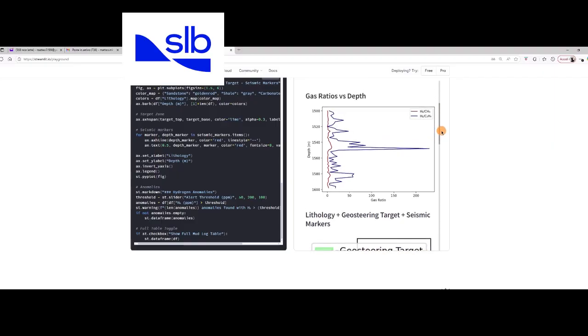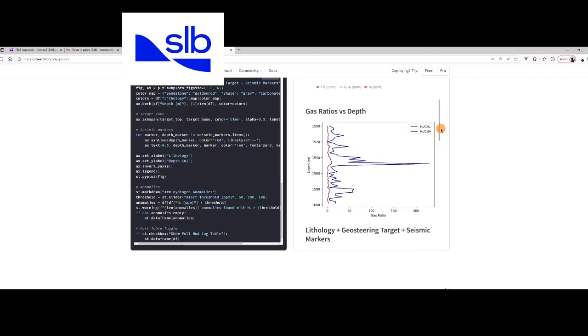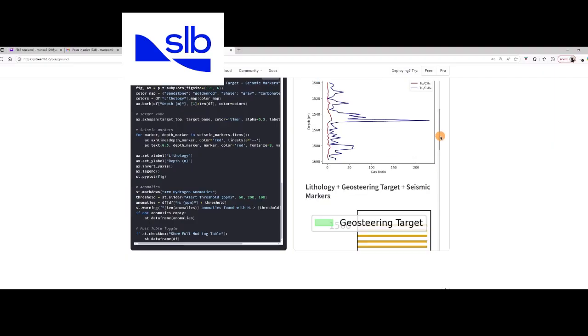That is normal in this study situation, but generally when we have an increase of this ratio, we also have a peak of the ratio between hydrogen and ethane.